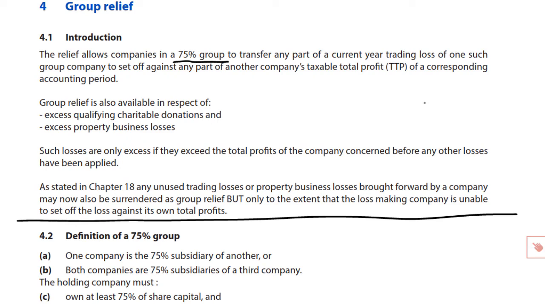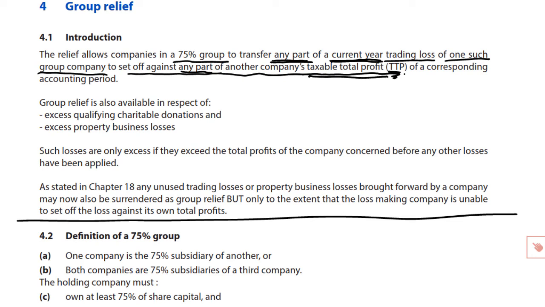But once you've established which companies are able to group relieve with one another, what loss are you able to group relieve from the surrendering company? You are allowed to transfer any part, so we have flexibility as to how much loss is surrendered under group relief: any part of a current year trading loss of one such group company to set off against any part of another company's taxable total profit, the TTP.